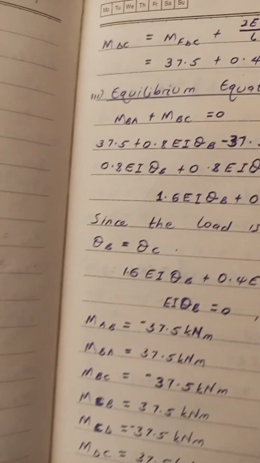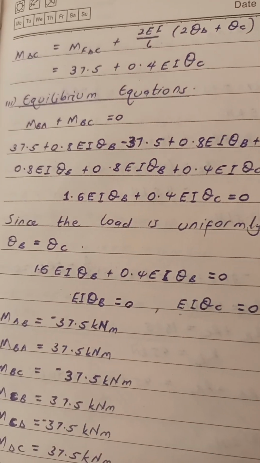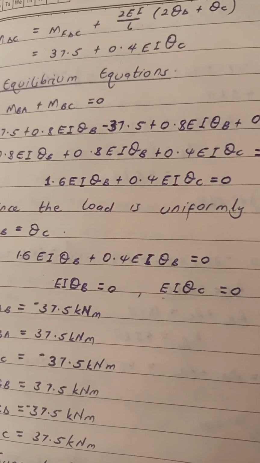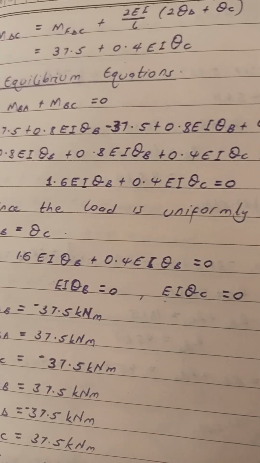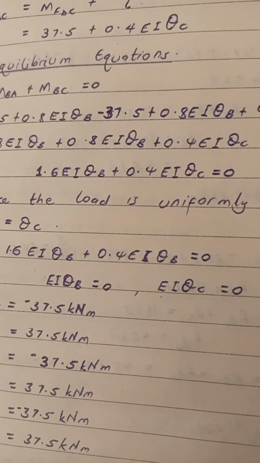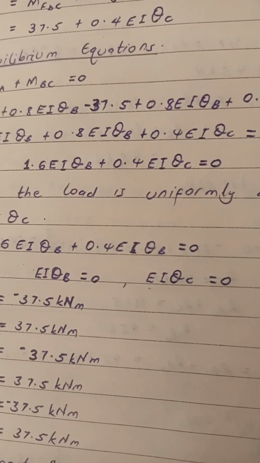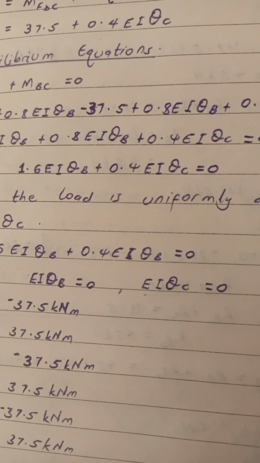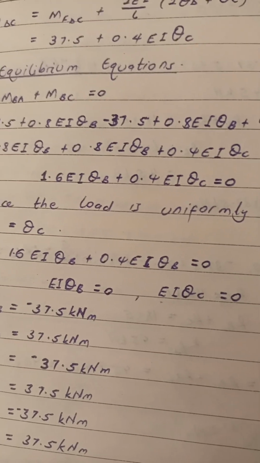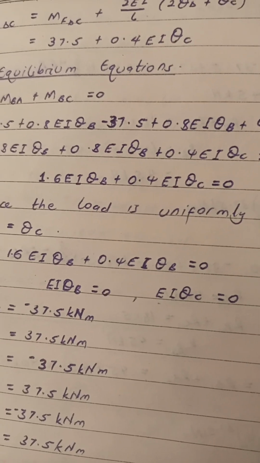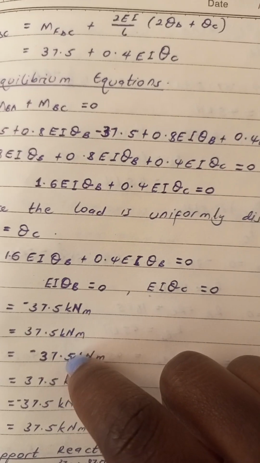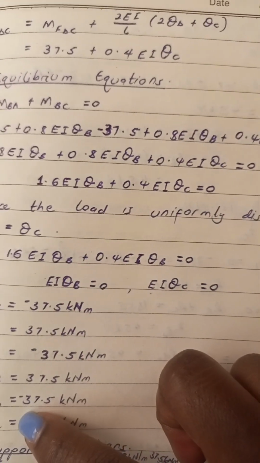After you've calculated the slope deflection equations, we're going to calculate the equilibrium equations, where we have a joint B and a joint D. But since this is a UDL, let's first work with one joint. The joint we're working with is joint B, which has two sections, BA and BC. When you equate all the values, it's going to give you this equation. But remember, the load was uniformly distributed.